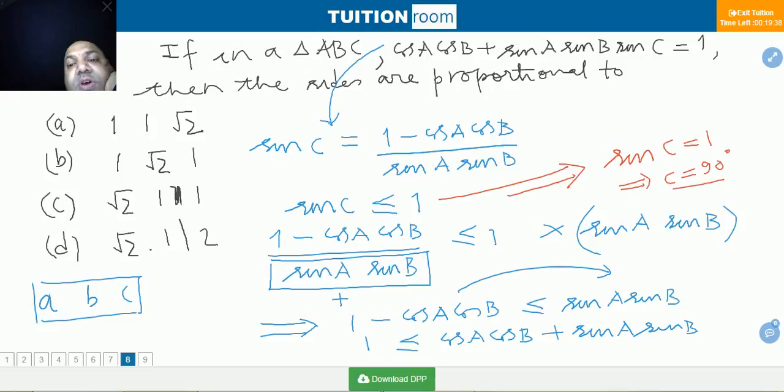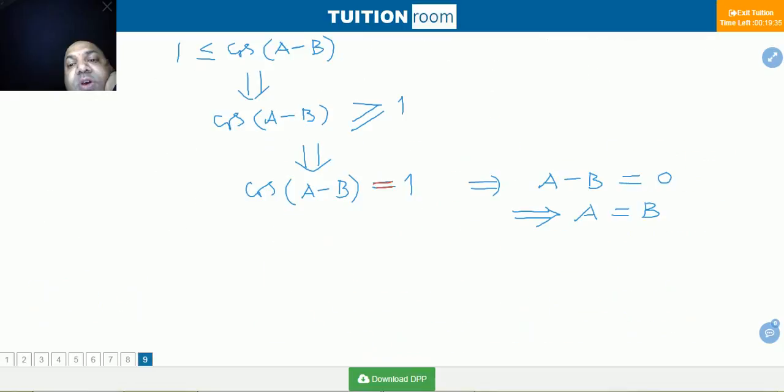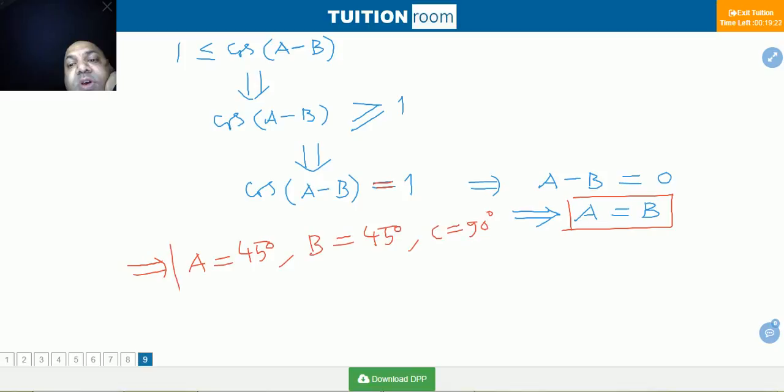Hence, since A is equal to B and C is equal to 90 degrees, this implies that A will be equal to 45 degrees, B 45 degrees, and C will be equal to 90 degrees. Very simple situation. Why?